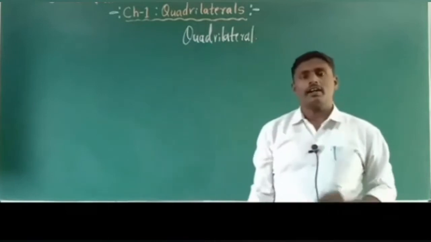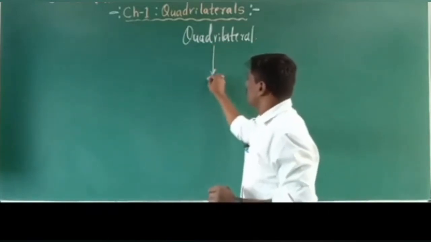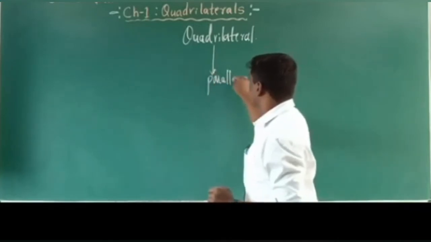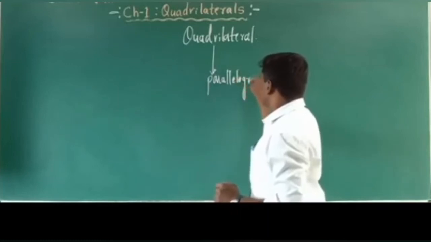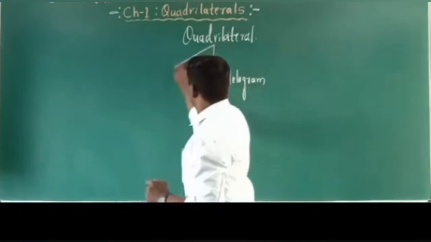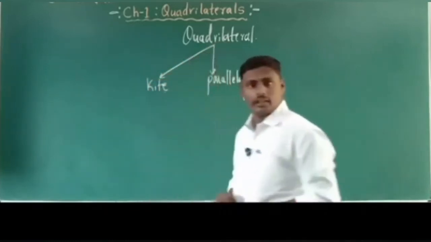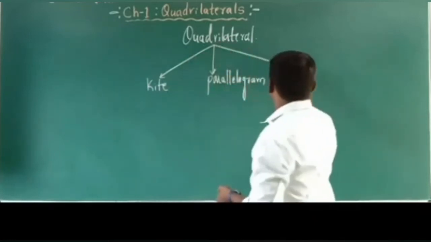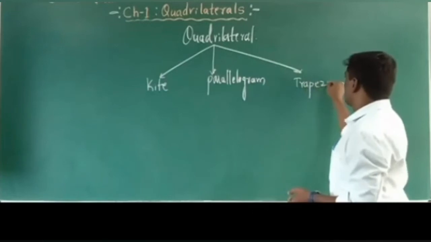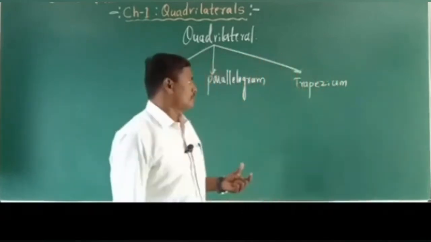This quadrilateral is basically classified as, first one, parallelogram, right? Next, kite. Next one, trapezium. Sometimes we also call it a trapezoid, right?